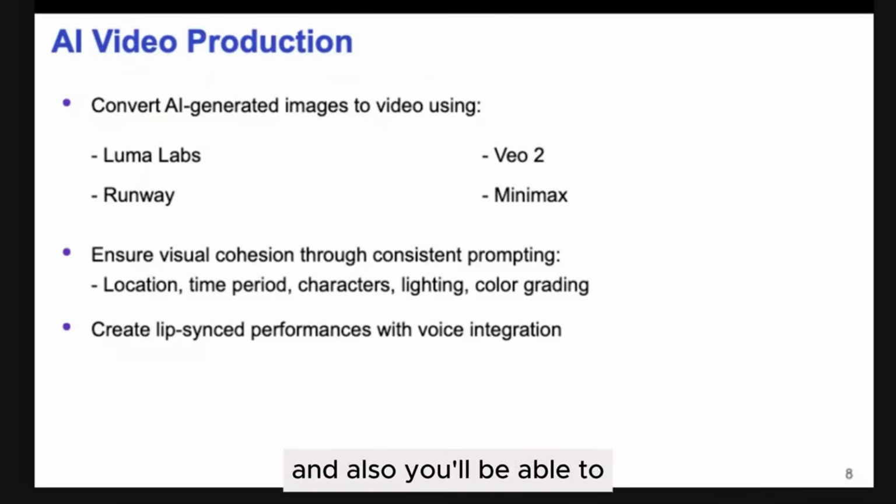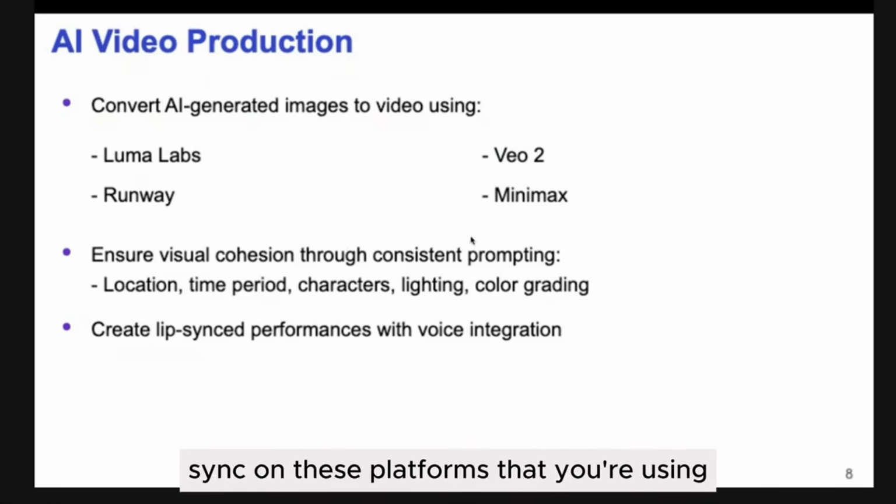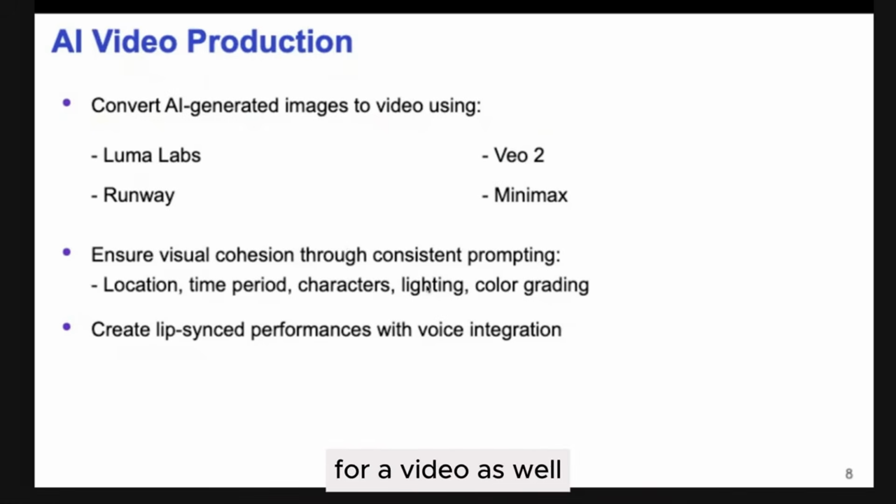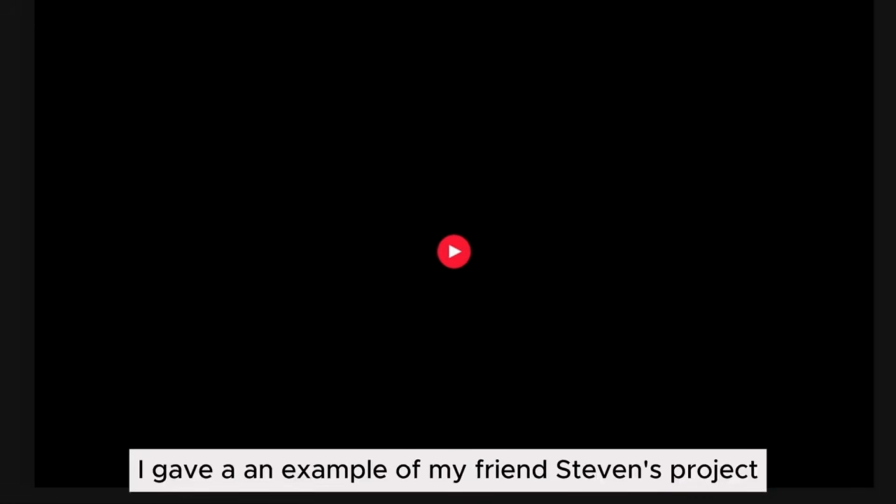All right. And also, you'll be able to lip sync on these platforms that you're using for a video as well. All right. So I gave an example of my friend Steven's project first, product first.